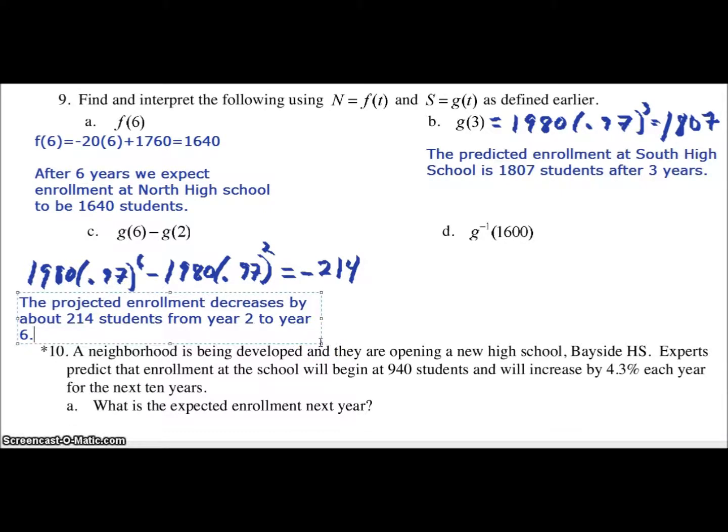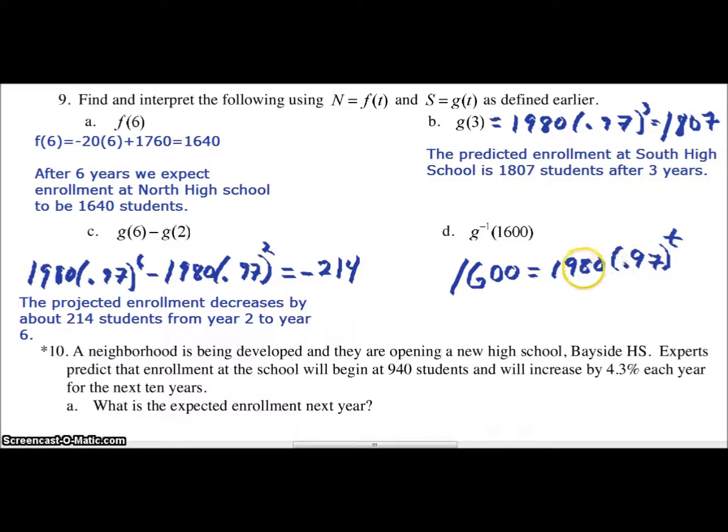Okay, g inverse of 1600. That's just going to tell us what year, how many years, such that the predicted population is 1600. So we'll have that 1600 equals 1980 times 0.97 to the t.